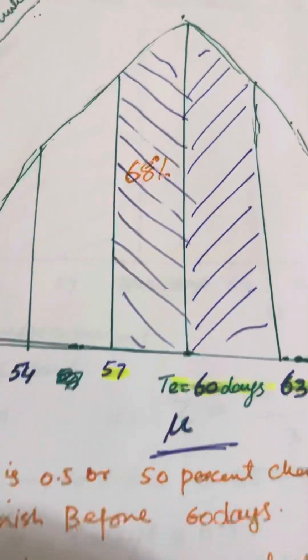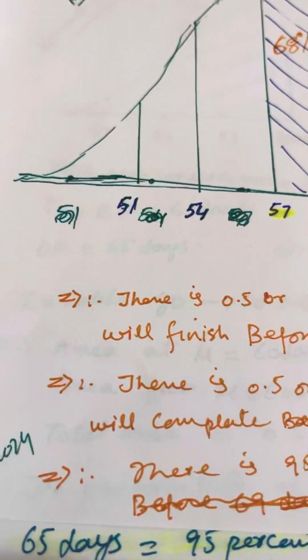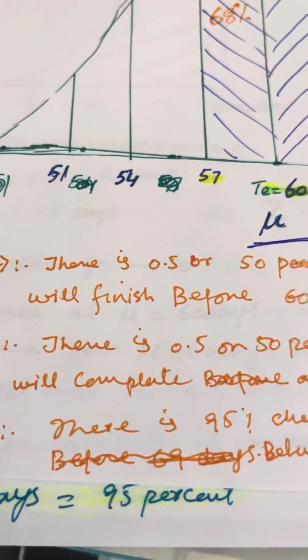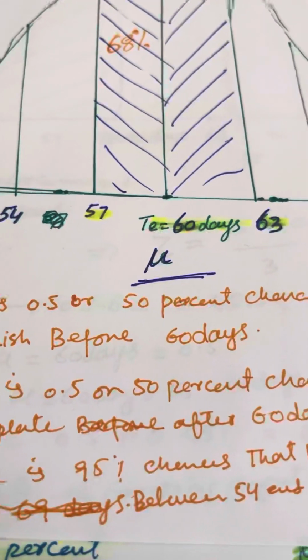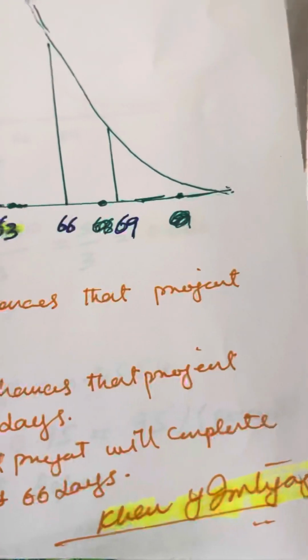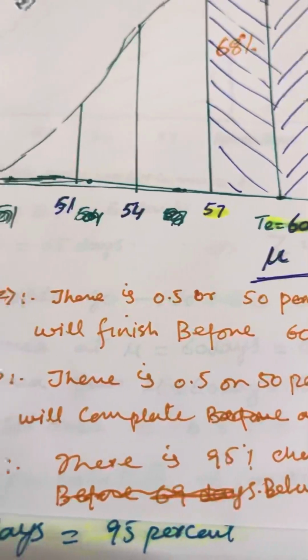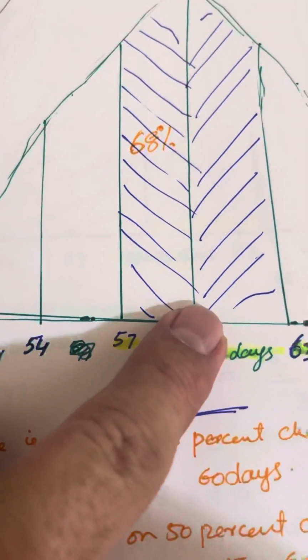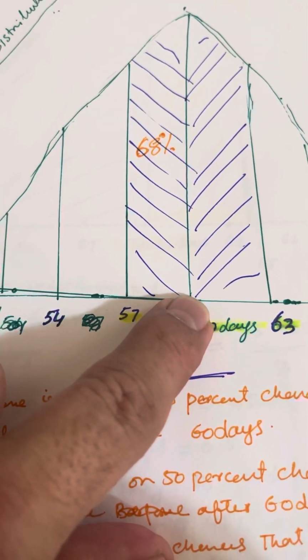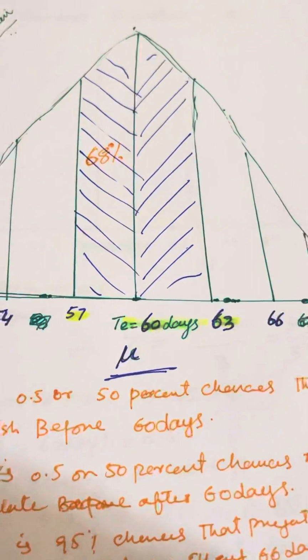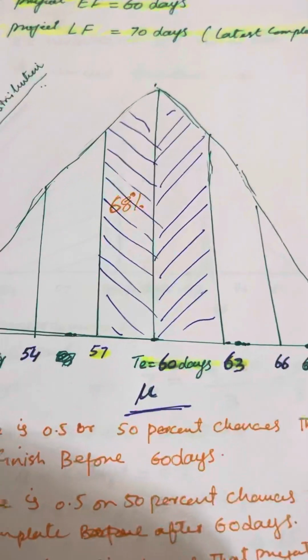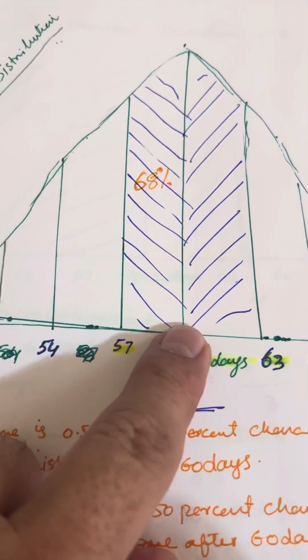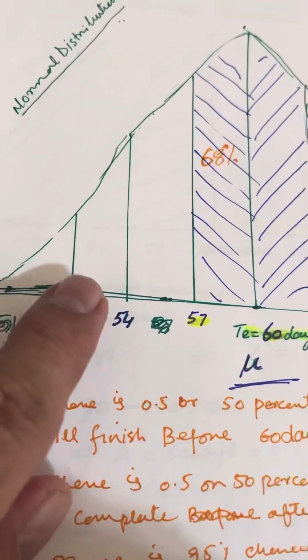So this is how we represent the normal curve distribution. There is a 0.5, or 50%, chance that the project will finish before 60 days. So this is the point 60. The whole curve is equal to 1, so 0.5 is this side.